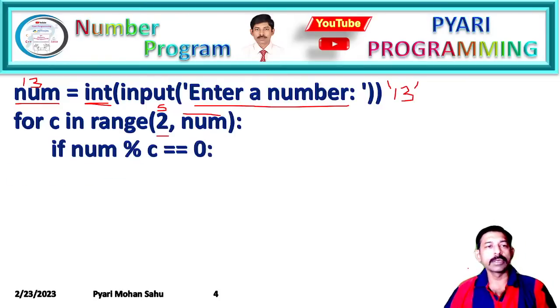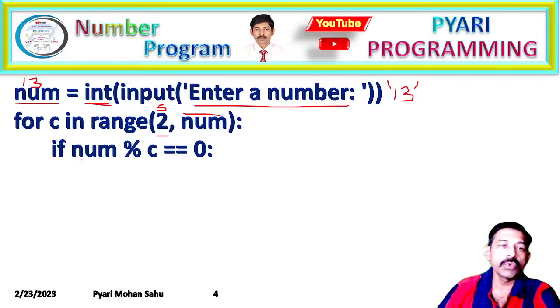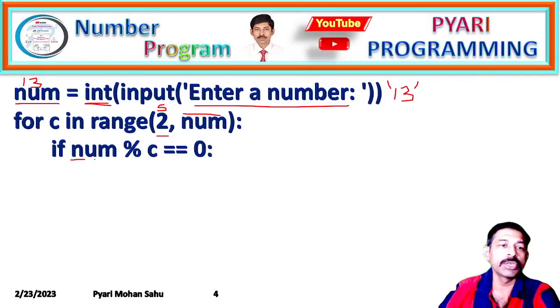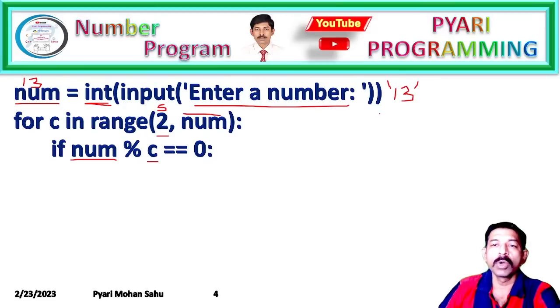Next part is, after this, I will check whether it is divisible or not. So which one is divisible? The number has to be checked whether it is divisible or not. With what? C. What is C? If my number inputted by the user is 13, it will go from 2 to 12.